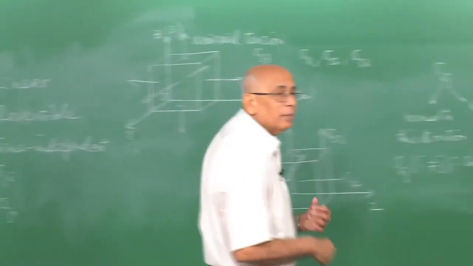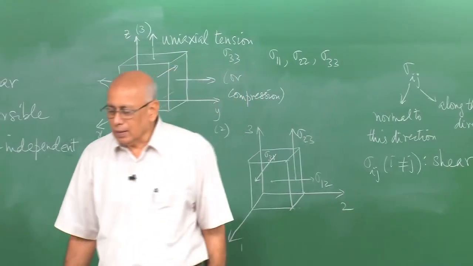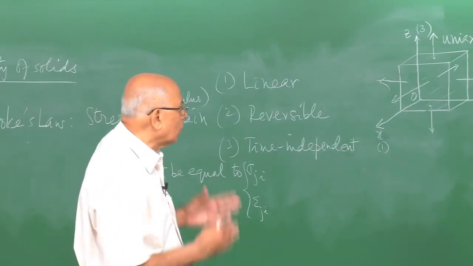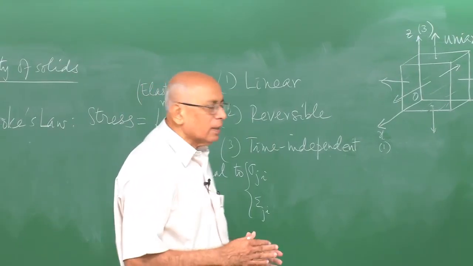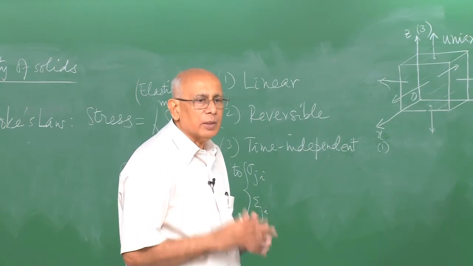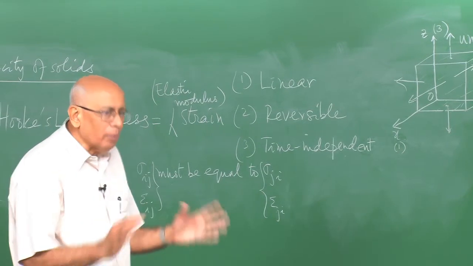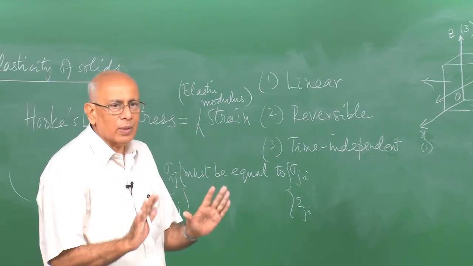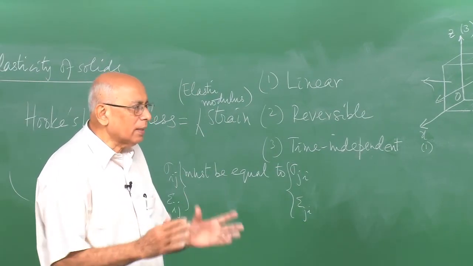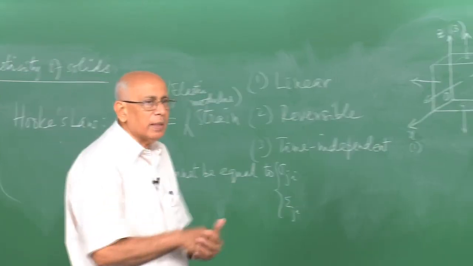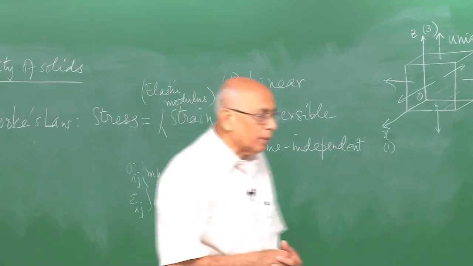But there are further symmetries in the problem, and it turns out that in almost all cases that we can conceive of, the number is reduced enormously. In fact, in the case of media which are isotropic, which is the only thing we are going to look at, with the same properties in all directions, not like a crystal which is anisotropic, or a composite material which sometimes has different properties in different directions.